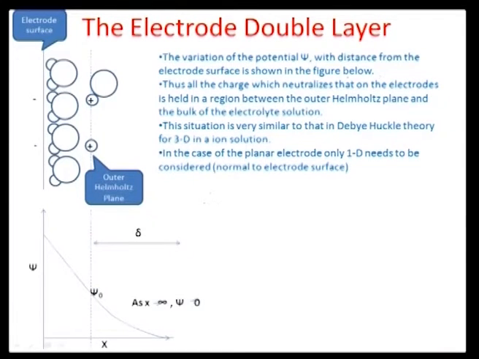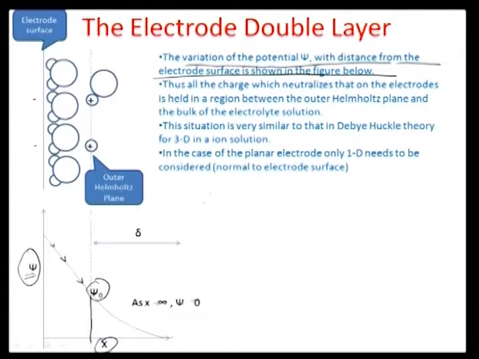So, let us now look into how the potential zeta would vary with respect to distance from the electrode surface. If you plot the potential zeta with respect to x, the distance into the solution, you can see the potential varies linearly all the way up to this value here, which is, as I will tell you later, the zeta potential of the surface.